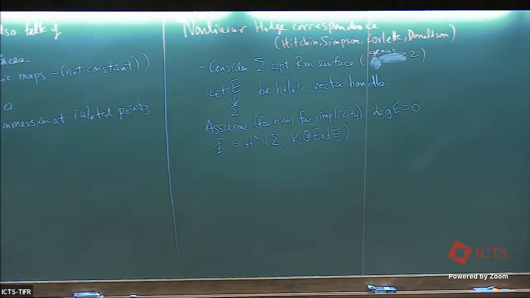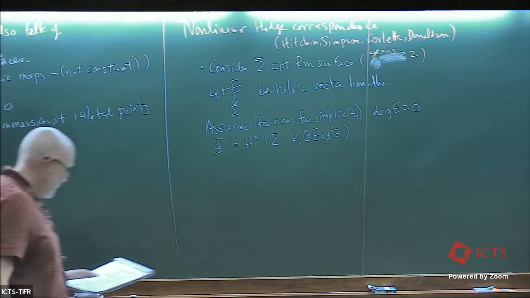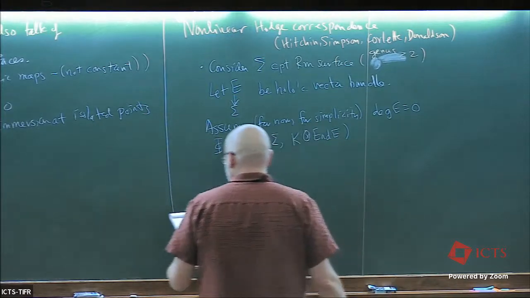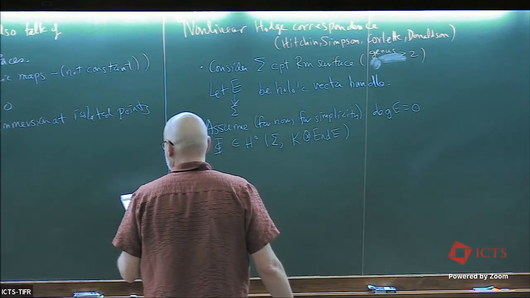And so in this case, we're just essentially working locally, and we think of the bundle E as just some constant C^n. This is not going to work in general on a more complicated manifold. All right.